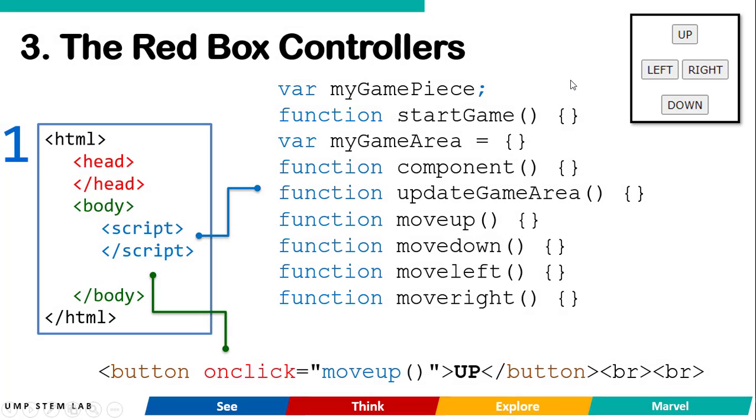Next is to add in the red box controllers as shown here. There are 4 elements to control the movement: up, down, right, and left. Now we want to control the red square by clicking one of these components. In the body segment, the behavior of the buttons is added.